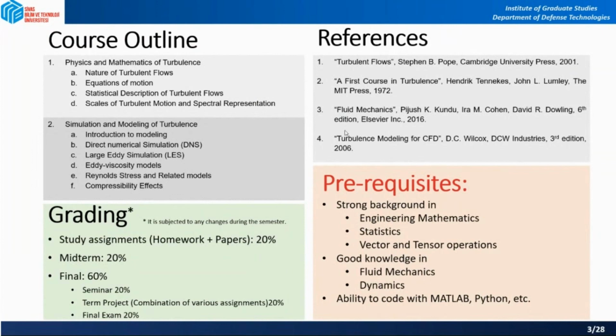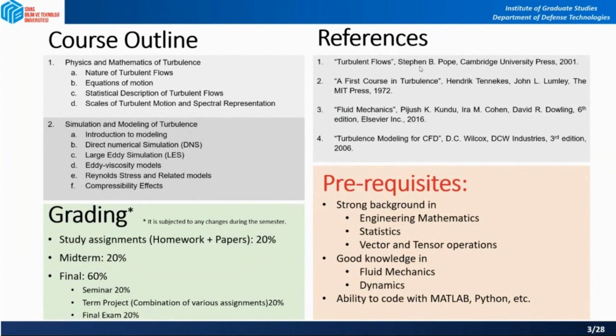The first one is Turbulent Flows by Stephen Pope, and we commonly know this reference as the Bible of turbulence. It's very difficult to understand, but it contains all relevant mathematics and physics for turbulence.